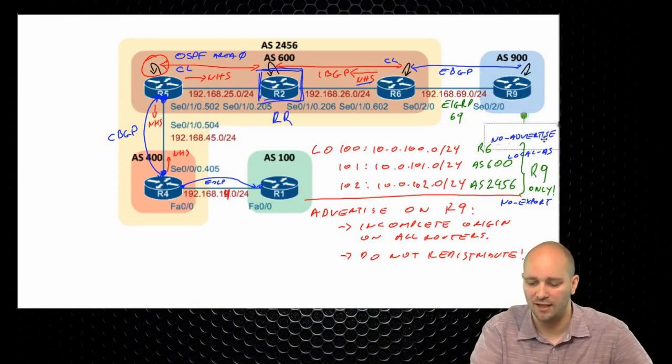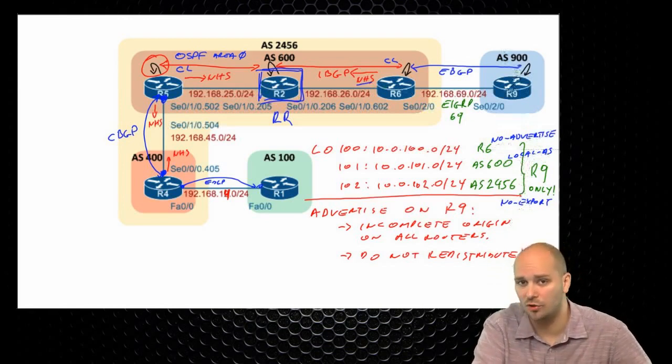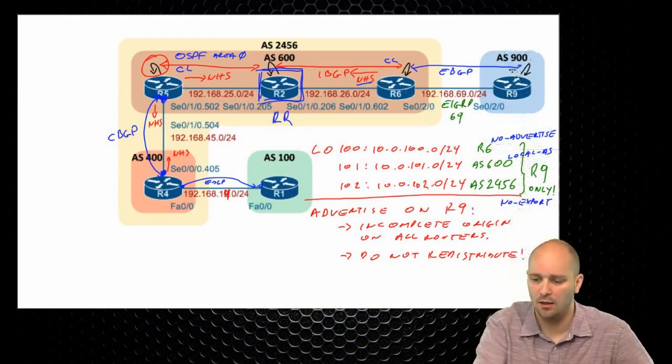Why? Because no-advertise simply means do not advertise. Local-AS means keep in your local confederation AS, but if you're not using confederation, keep in your local AS. And this means keep it in AS900. No-export means don't advertise to any external peers, which means don't advertise to AS600.